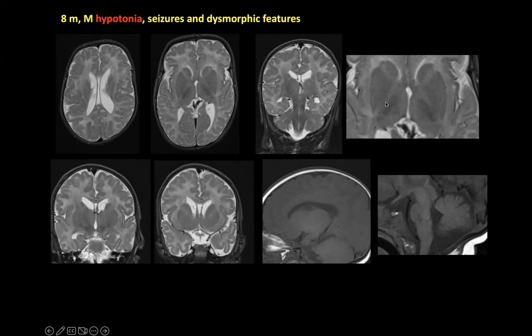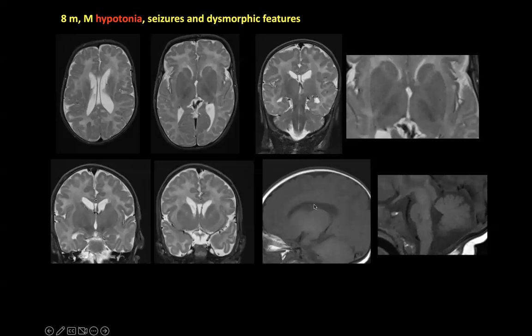Here it's almost impossible to see any myelination in this area. On top of that, if you look at the cortex, while quite smooth in the occipital region, it is actually quite abnormally folded with these lumpy, bumpy appearances in both the Sylvian regions. And this is a typical appearance of polymicrogyria.